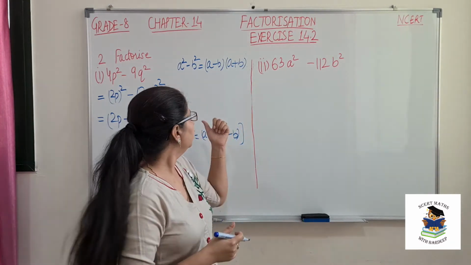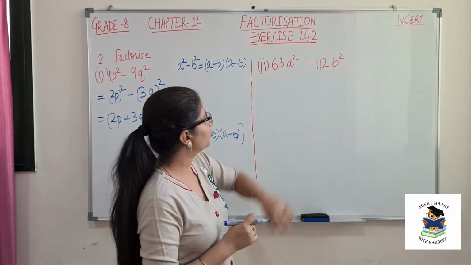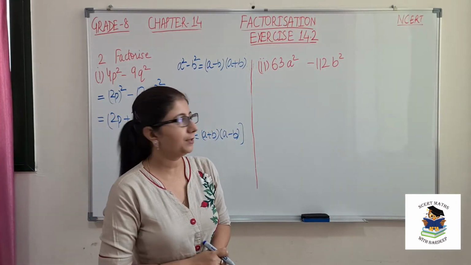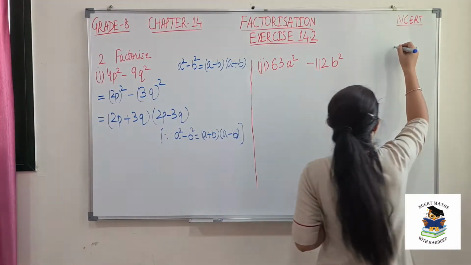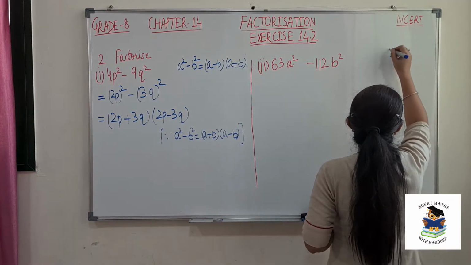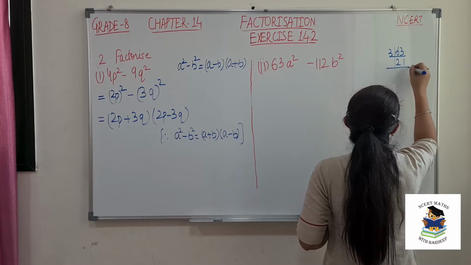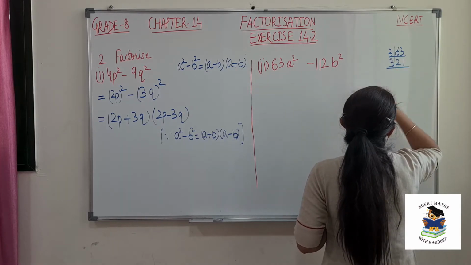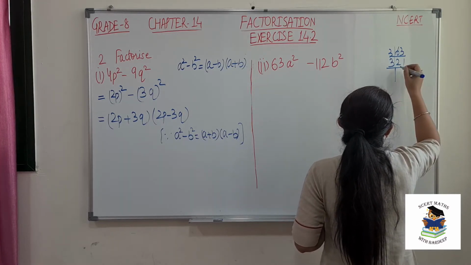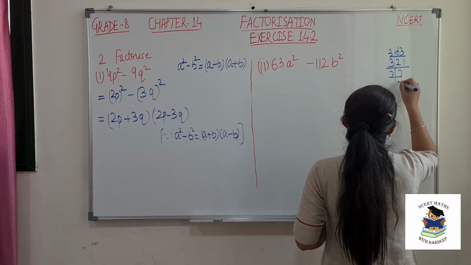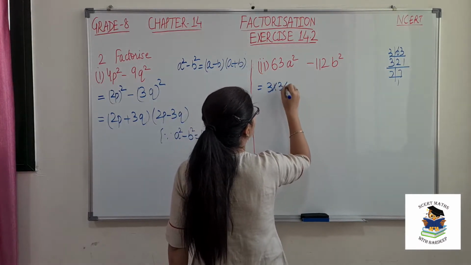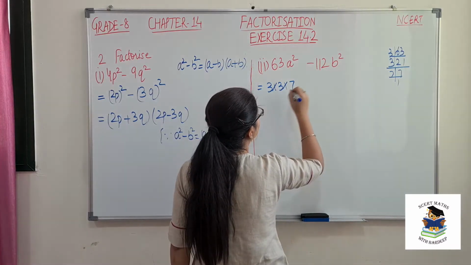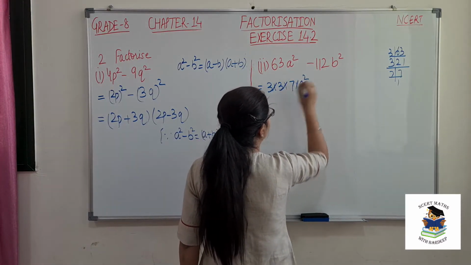So the second part is 63a square minus 112b square. As I told you, it should be a perfect square, but 63 is not a perfect square. So first we will factorize it. 63 goes in the table of 3, so the factors are 3 into 3 into 7 a square.